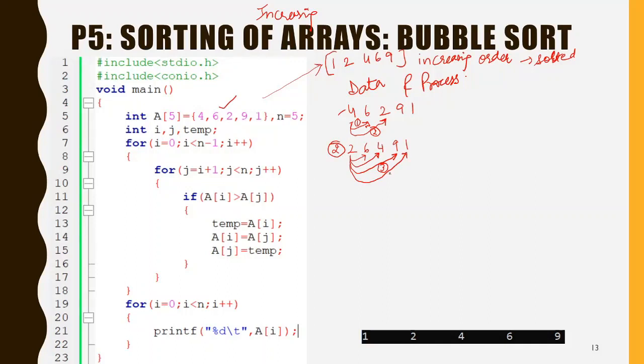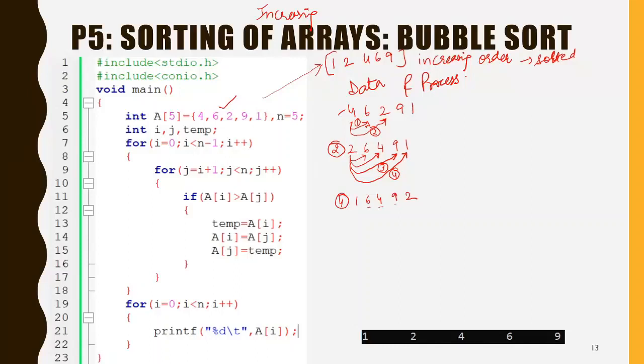As soon as this fourth comparison takes place, you find that 1 is smaller than 2. It means 1 and 2 are not at their right places, so they need to exchange their places. The result of step 4 will be 1, 6, 4, 9, and 2. Remember that only the elements which exchange are replaced. The other elements 6, 4, 9 are not changed anywhere.